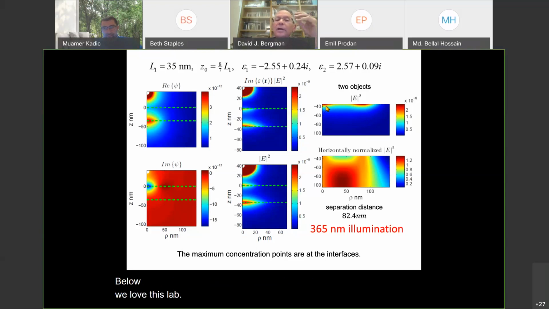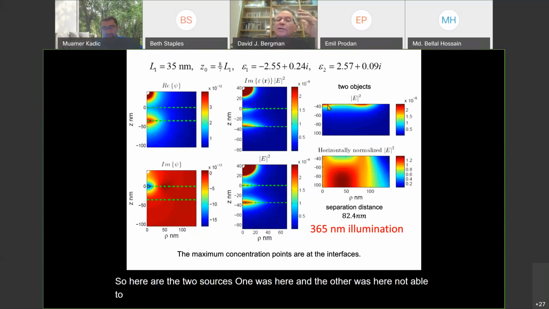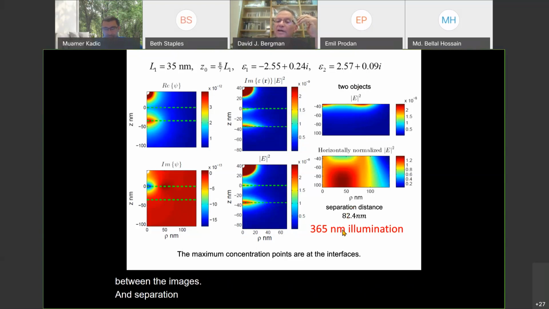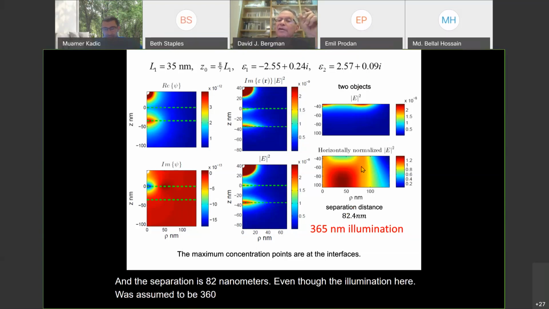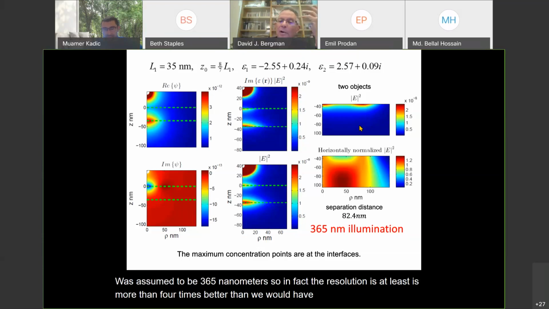So here the two sources, one was here and the other was here, but of course further up. And you see that in fact, you get a good separation between the images. The separation is 82 nanometers, even though the illumination here was assumed to be 365 nanometers. So in fact, the resolution is more than 4 times better than we would have expected from normal optical theory.